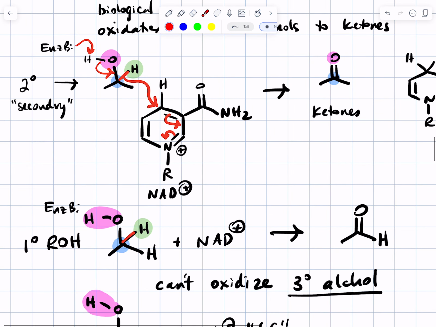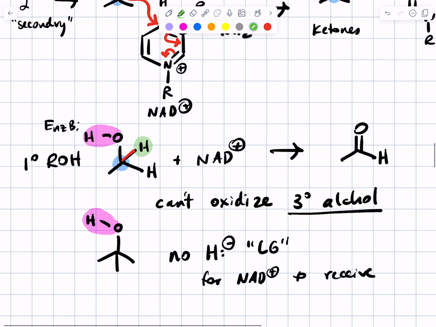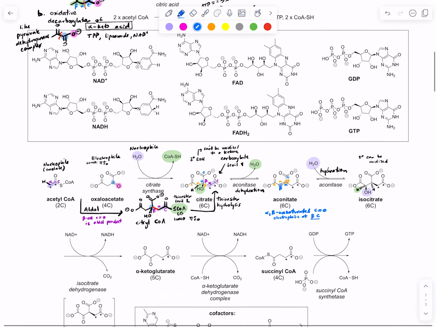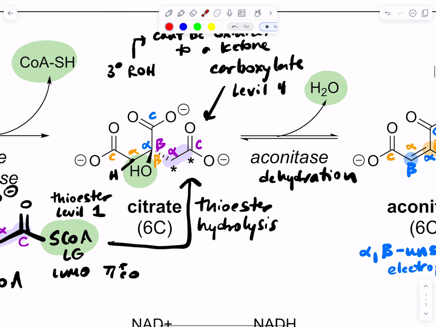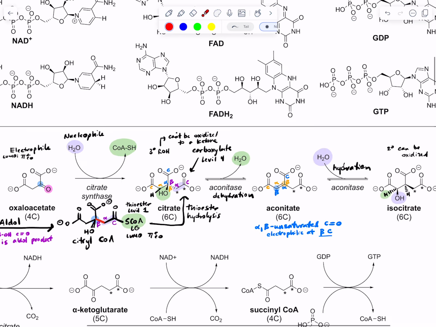If it's two carbon-carbon bonds, that's secondary. And if it's three, that's tertiary. So if we go back to isocitrate versus citrate, you can see that this carbon makes two bonds to carbon and one to hydrogen. In citrate, this one makes three bonds to carbon.